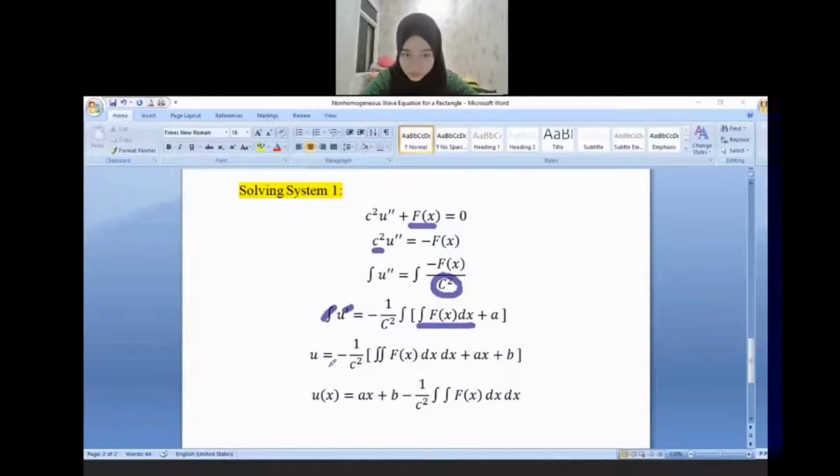So we get u equal to negative 1 over c squared, the double integration of f(x) dx. And also if we integrate a, we will get ax and another constant b.